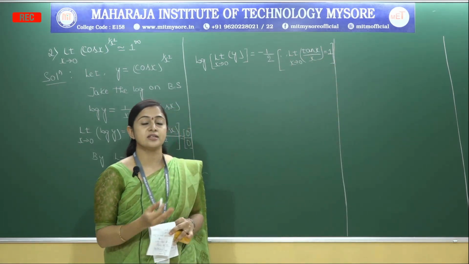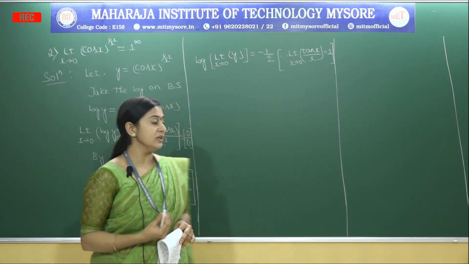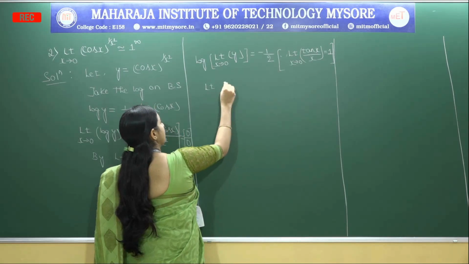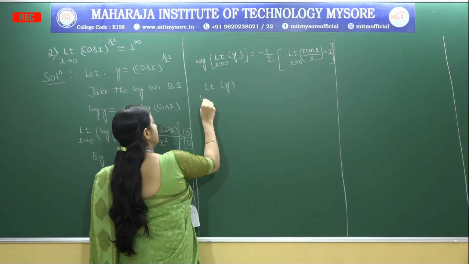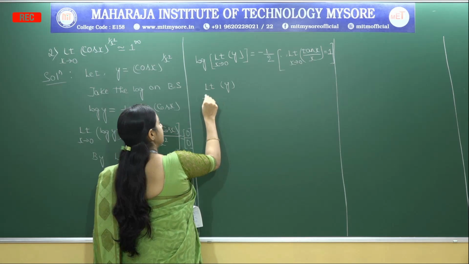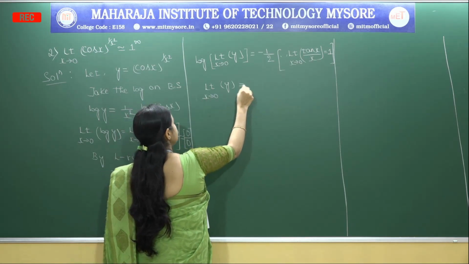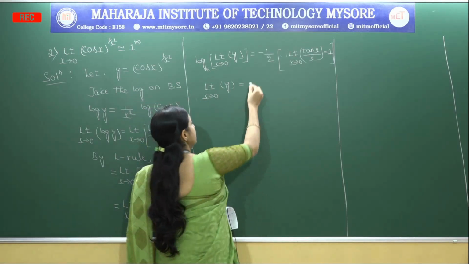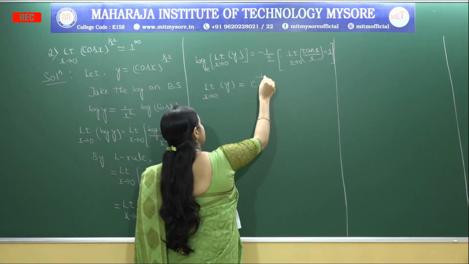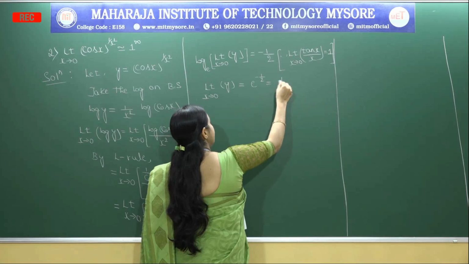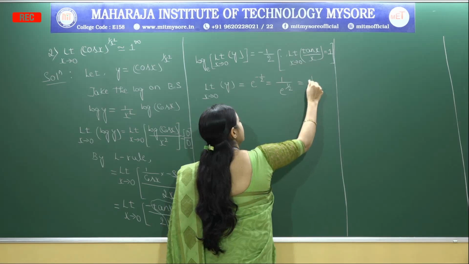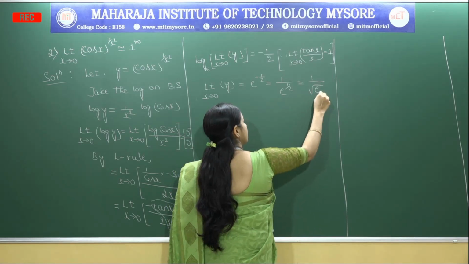Then the limit of y as x tends to 0 equals, since you have log with base e, you can take it to the RHS, and you will get e power minus 1 by 2. You can write this term as 1 by e power 1 by 2, or simply 1 by root e.